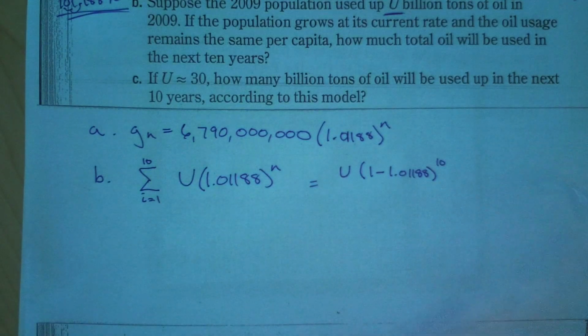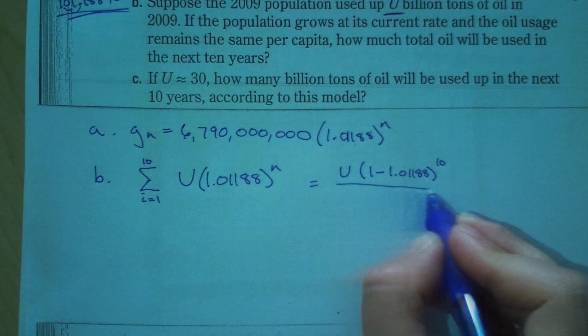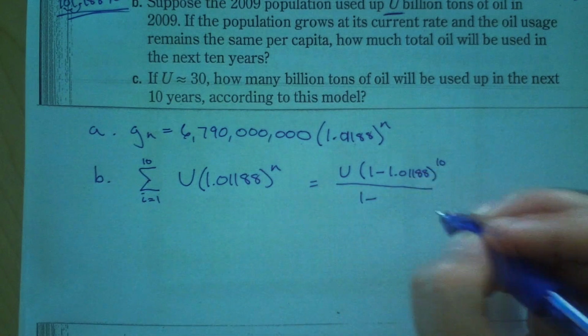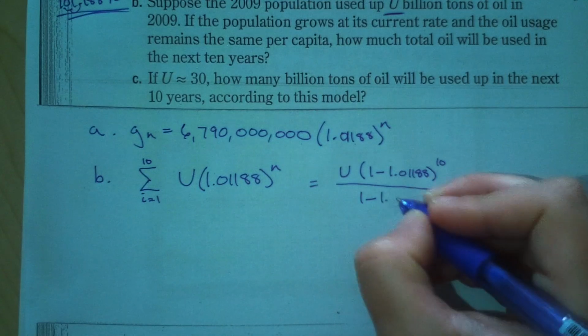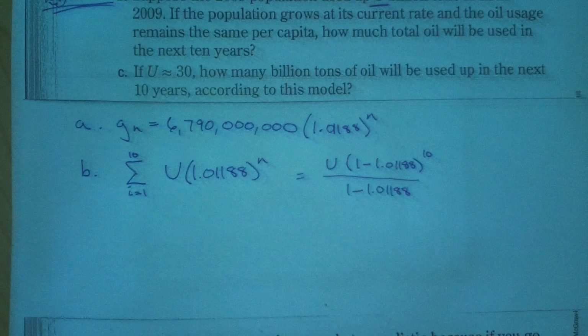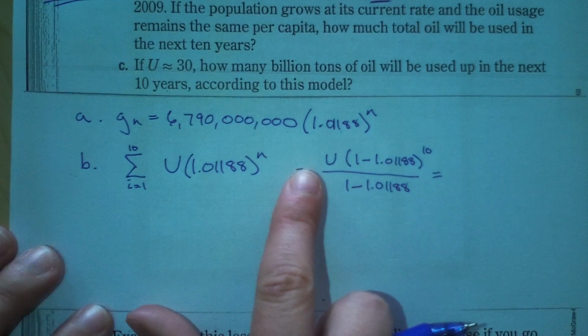Okay, and then last one here, they use an example in the book and actually map out the formula for you. It says, example 4 in this lesson is somewhat unrealistic because, if you go back, whatever. So the example 4 in the book, I'll read it to you. It says the maximum number of natural ancestors that you could have is 2 parents, 4 grandparents, and 8 great-grandparents. They're talking about your true actual biological grandparents and biological great-grandparents, not some random person that you call Grandpa Joe.